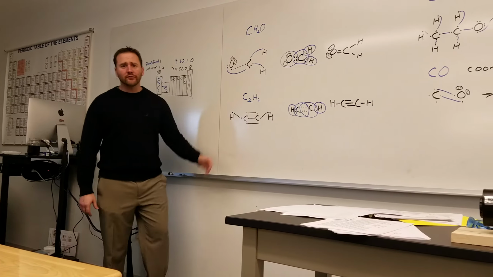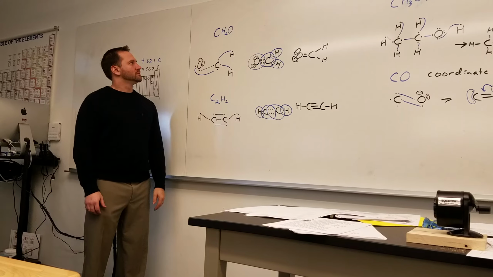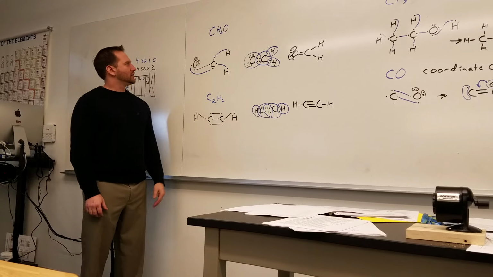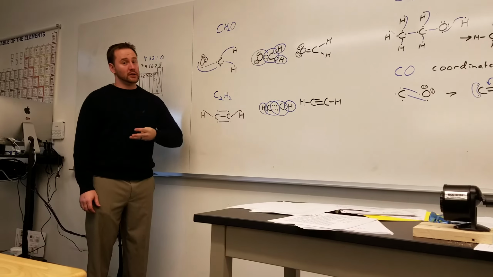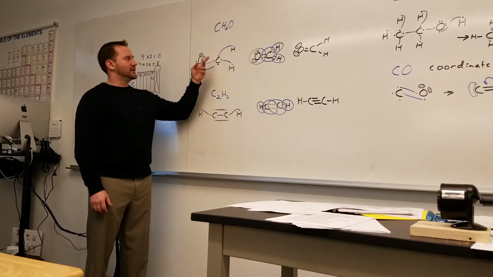So the first molecule I have up here on the board is formaldehyde. It's just 1 carbon, 2 hydrogens, and an oxygen. And you can see that the carbon, which has 4 lonely electrons, and no electrons want to be lonely, has more lonely electrons than any of the other atoms.